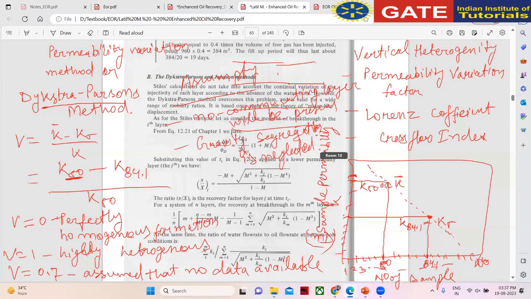These two scientists give that formula, K bar minus K sigma upon K bar, where K bar is the permeability of the 50th sample and K84.1 is the permeability of the 84.1 sample, to calculate V, the permeability variation coefficient. If V is 0, our reservoir formation is perfectly homogeneous. If V is 1, it is highly heterogeneous. If V is 0.7, we assume no data available. Got it?